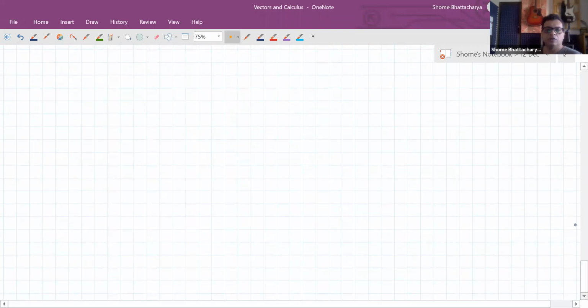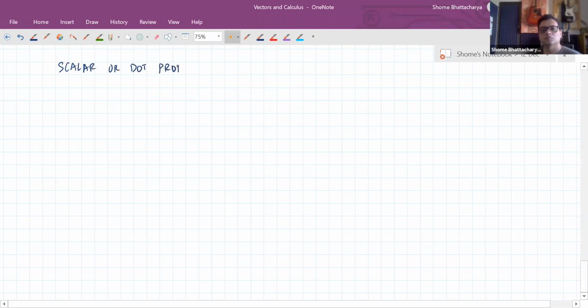Okay. Now next we move on to understanding dot product in unit vector notations. So scalar or dot product in component form, component notation.